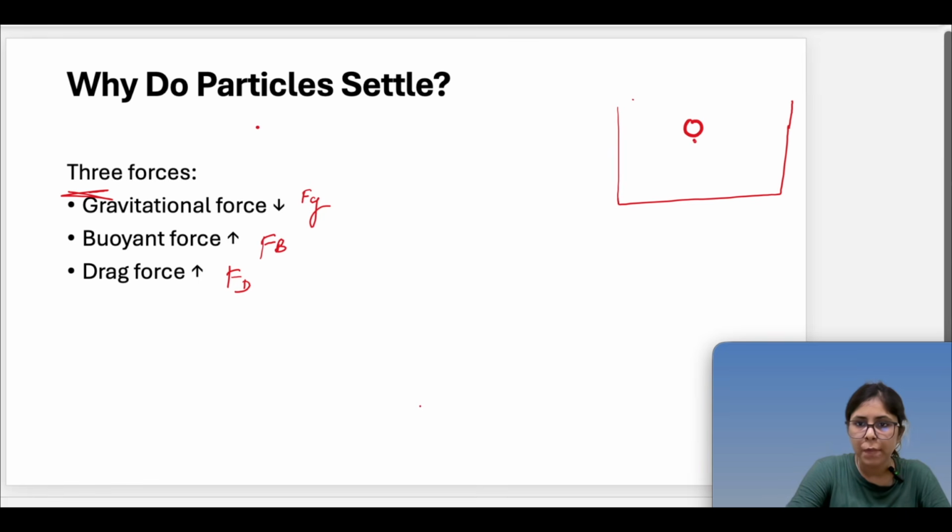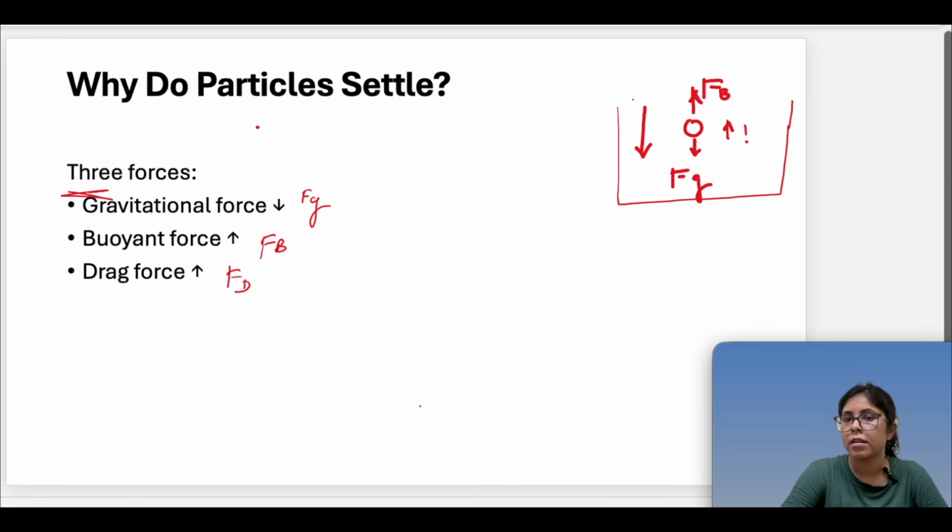This particle will be acted upon by a force, that is gravity, and because it's in water there will be a force in the upward direction, which we call the buoyant force, and because it's coming down due to gravity, there will be a drag acting in the opposite direction. So this is Ft, right? Now if I look at the equilibrium, sigma Fy will be equal to 0.